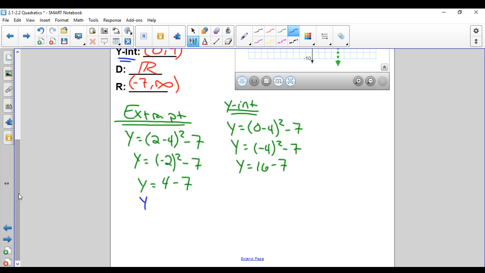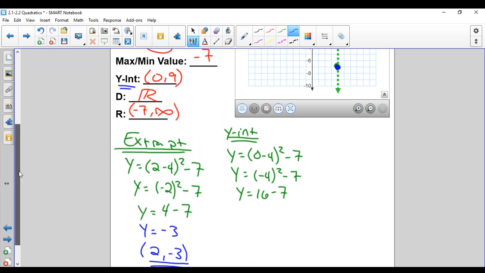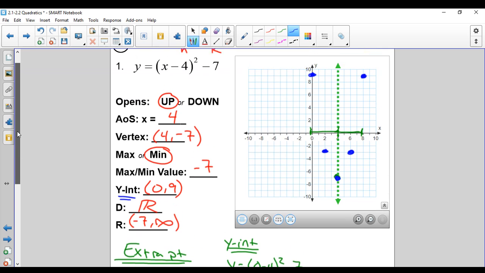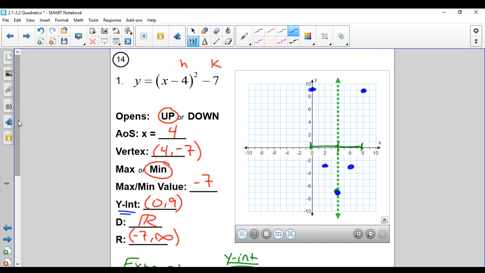So if y is -3 when x is 2, your point is (2, -3). Plot that point, and once again, use symmetry to get that 5th point. I need 5 points when graphing when possible. This case was a possible situation.